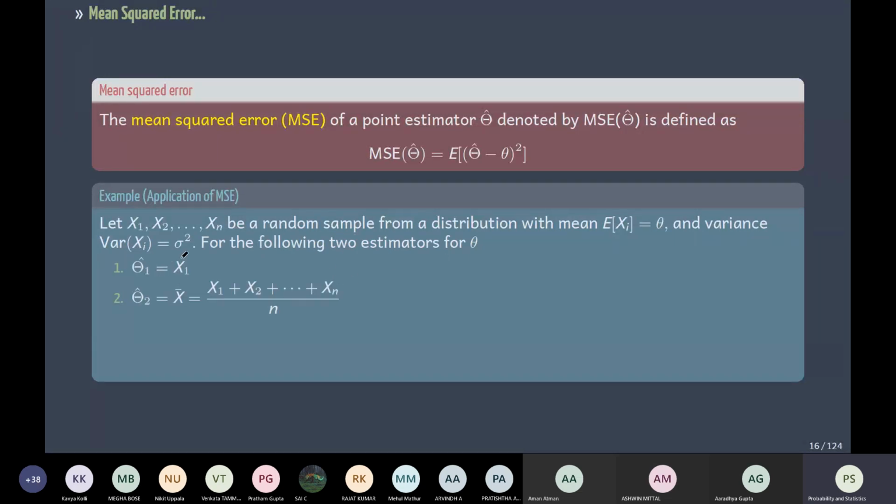The first estimator, as in the previous example, is theta hat 1 equal to x1, and the second estimator we chose was the sum of x1 to xn divided by n. Find the mean square error for estimator theta 1 and for estimator theta 2, and show that for n greater than 1 the mean square error for theta 1 is higher, in other words, it's not a good estimator, and the second estimator's error is lesser than the first.